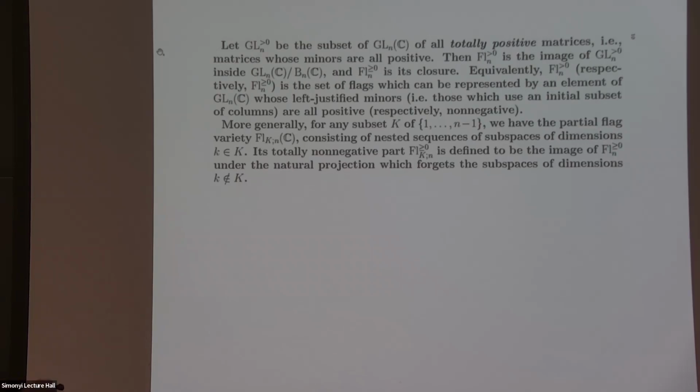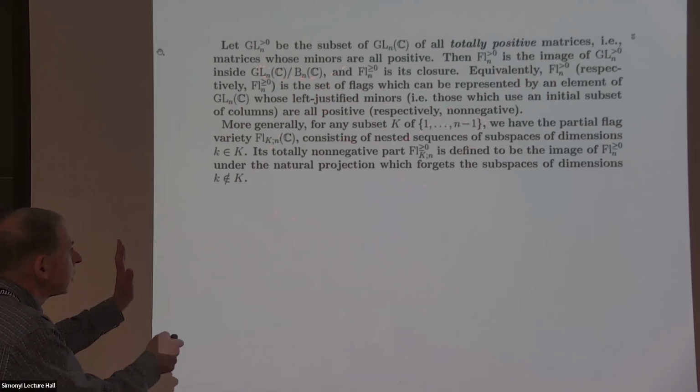There are several ways to think about it. You can also think of it as the set of flags which can be represented by an element of GLN(C) whose left justified minors are all positive. So those are equivalent representations of the totally positive flags. And then, of course, you can think of special subsets of this which are interesting. I don't need to have a complete flag.